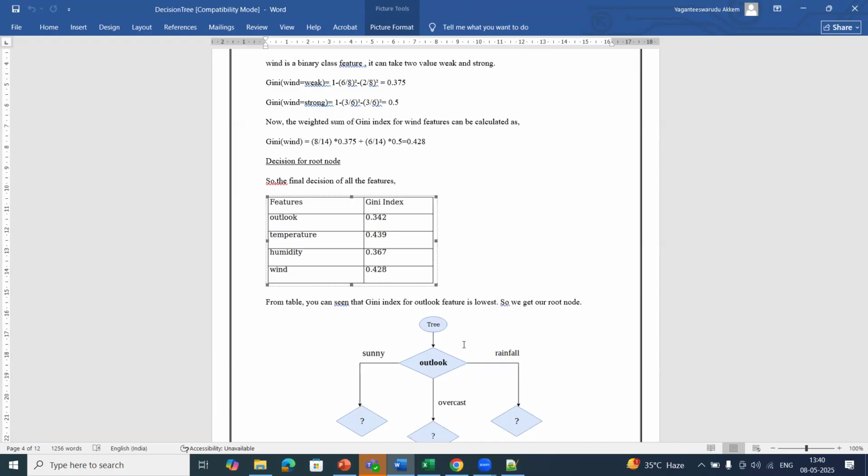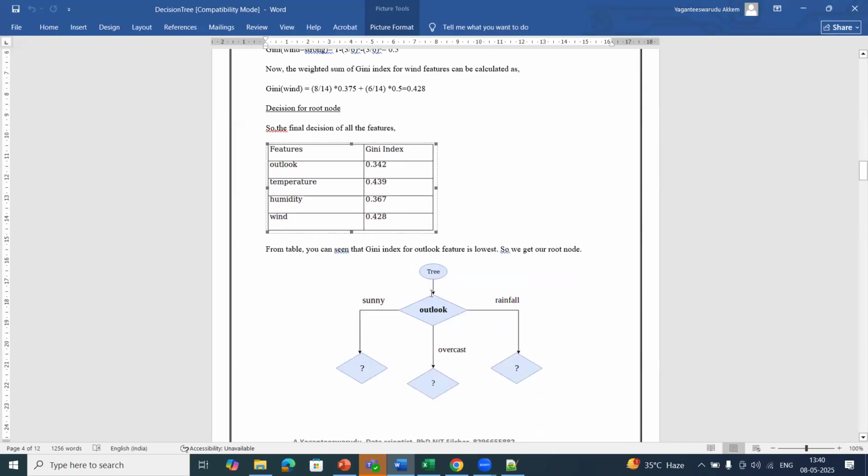So higher Gini index represents higher incorrect classification, and low Gini index indicates there may be fewer wrong predictions. So that's why, if you see, Outlook is having less Gini index, so we are going to place Outlook as the root node.